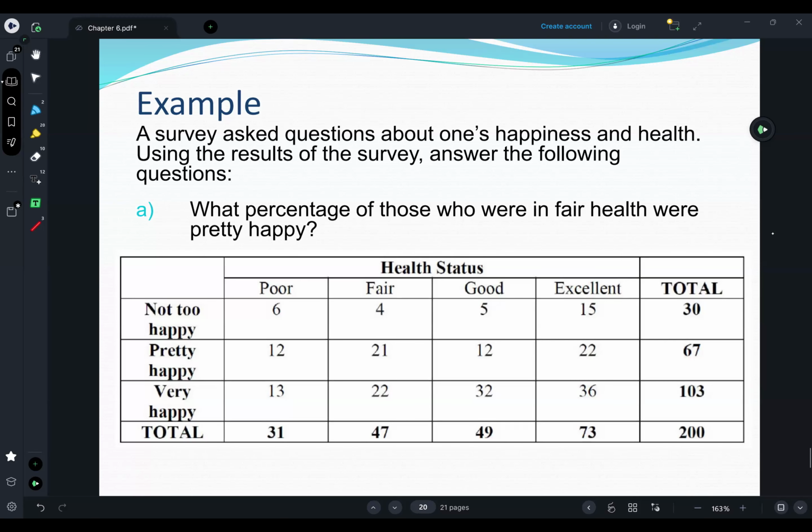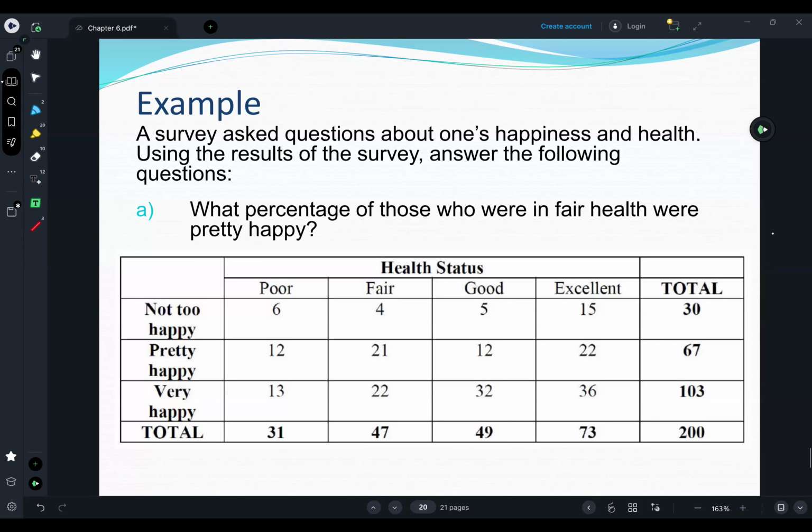For happiness, not too happy, pretty happy, and very happy. So 3 levels for happiness. We have 2 categorical variables: level of happiness and health status. Health status has 4 levels, and level of happiness has 3 levels.